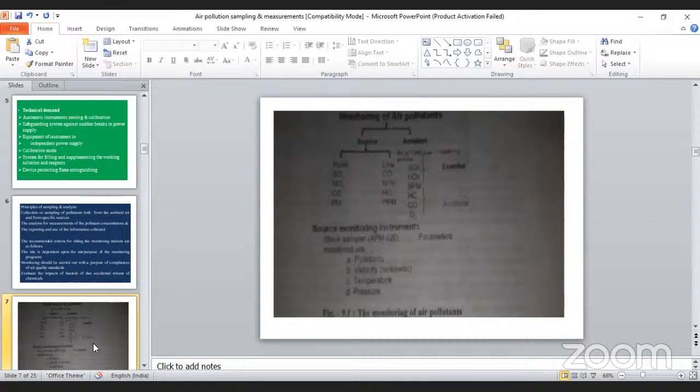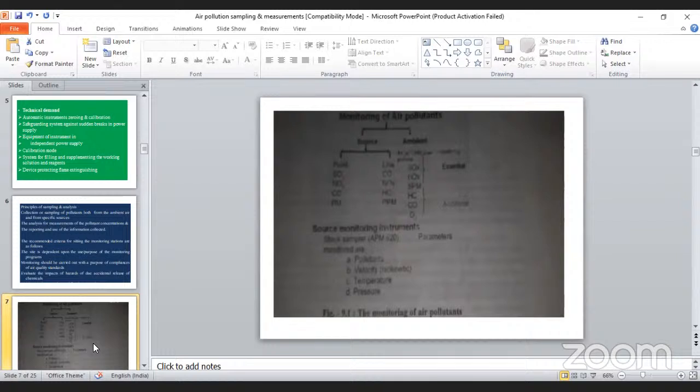The additional components are based on the type of source, either the process or the type of material being used to release the pollutant: hydrocarbon, carbon monoxide, and ozone.